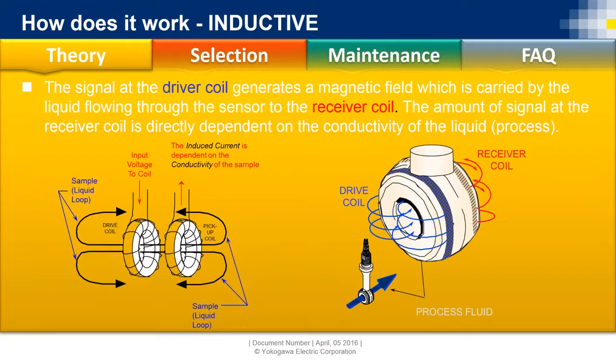The one main disadvantage with these inductive style sensors is the sensitivity or the accuracy if you go below, say, 50 microsiemens. Most of the accuracy statements are 0.5% plus 1 microsiemen.